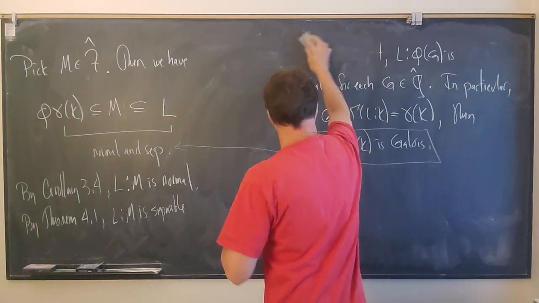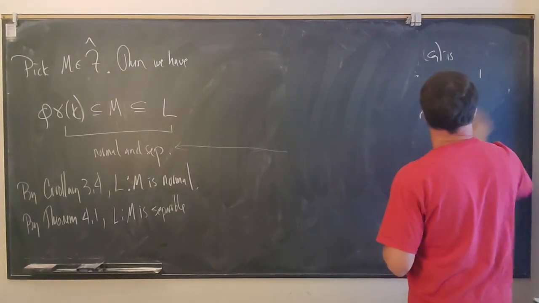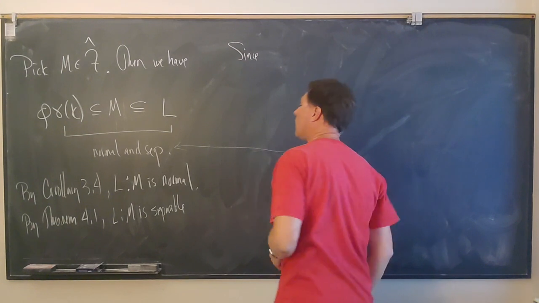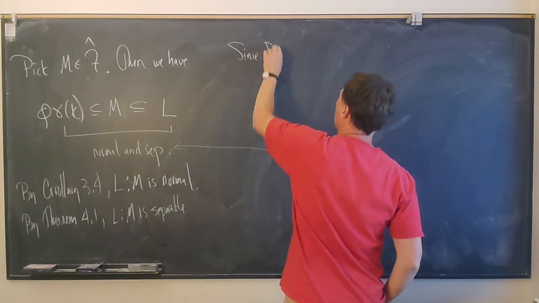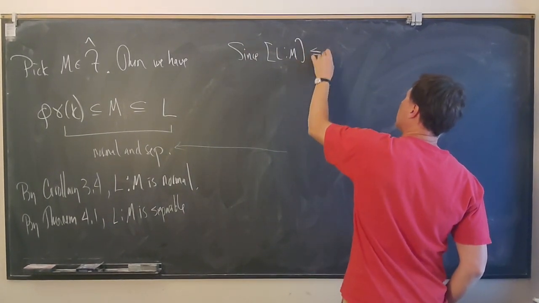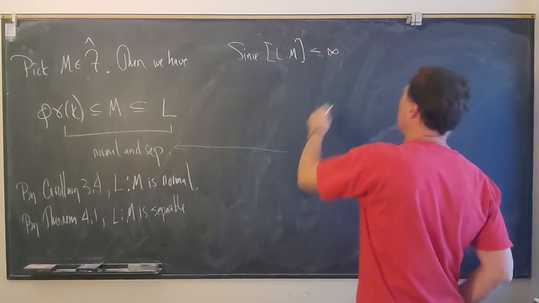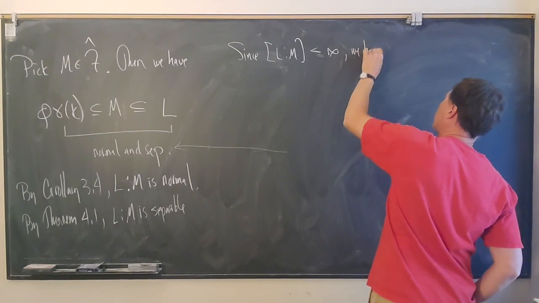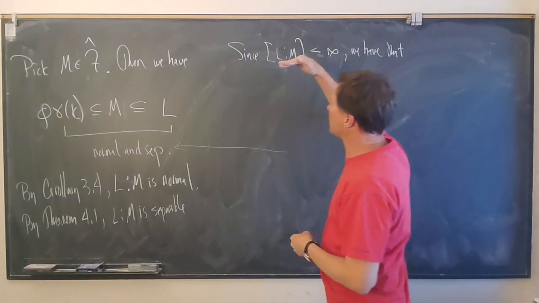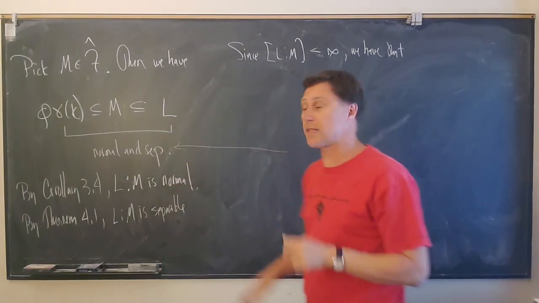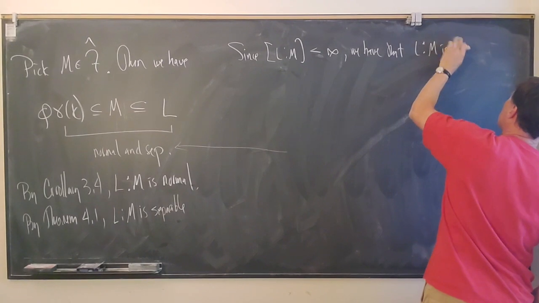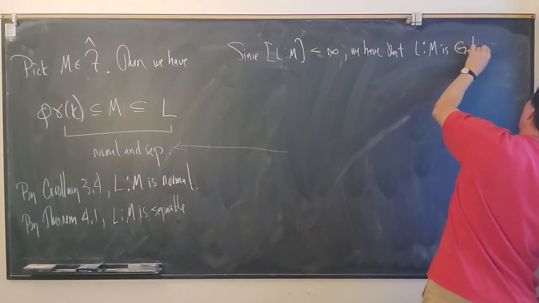And then we also know, by the tower law, L over M has finite degree, so it's less than infinity. L over M is a finite, normal, separable extension, which means that it's Galois.